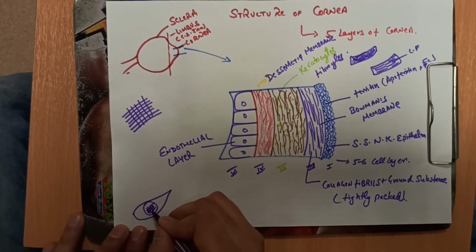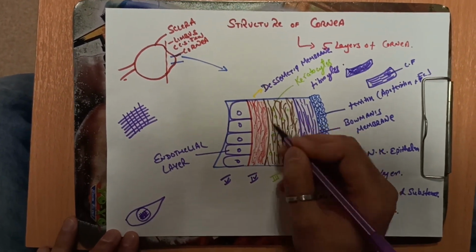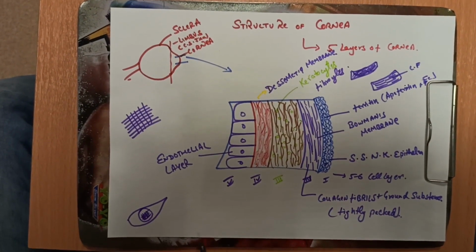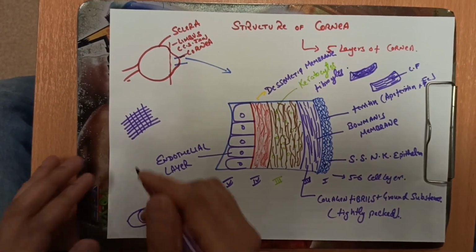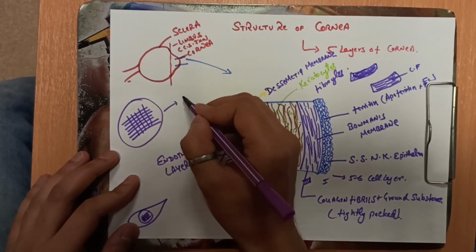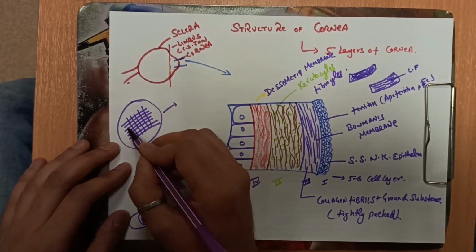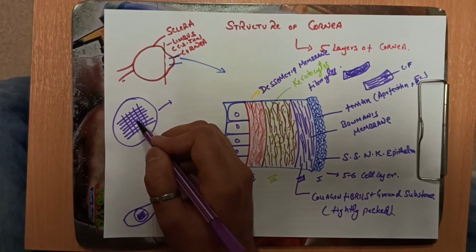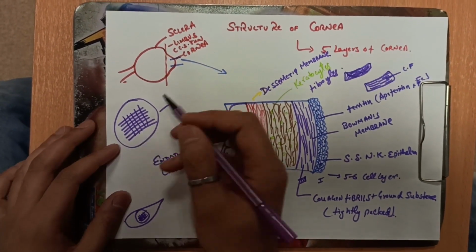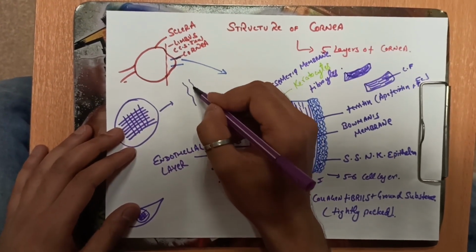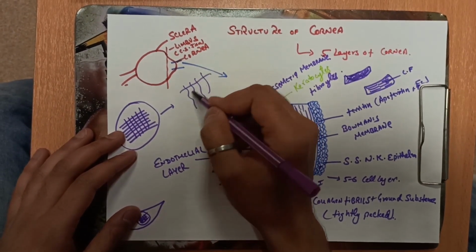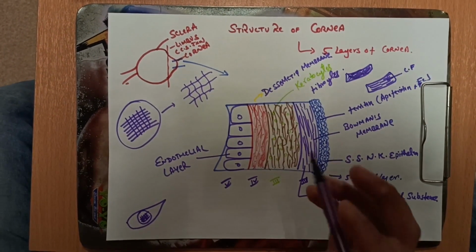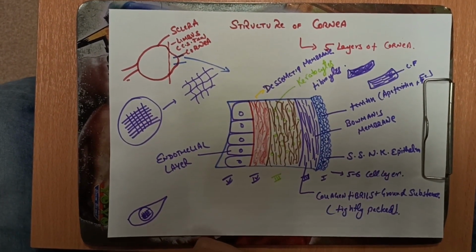Now this stromal layer is not much hydrated. This is actually kept dehydrated so that the lattice structure won't get disturbed due to hydration. This is the lattice structure when it is dehydrated, but in any of the eye defects where it becomes hydrated, the lattice structure will be distorted from its original position, and this mainly occurs in corneal edema.